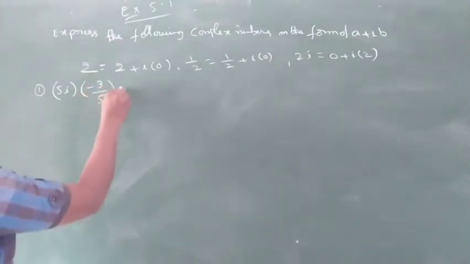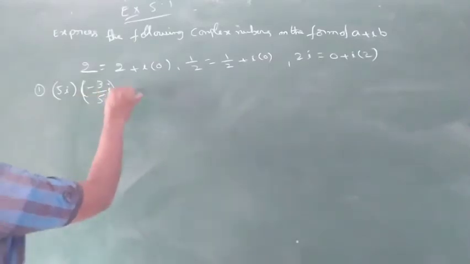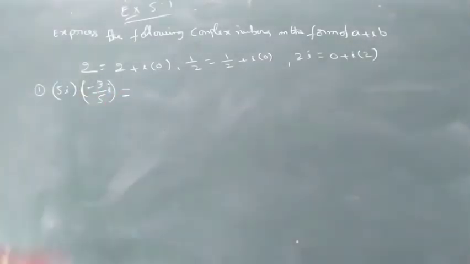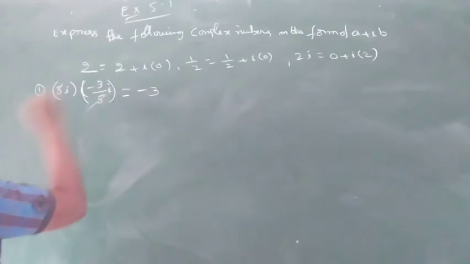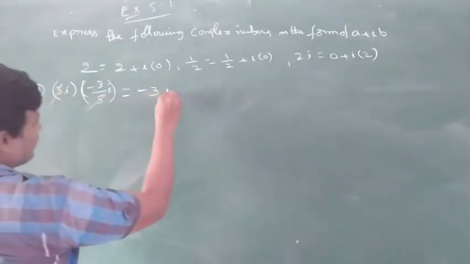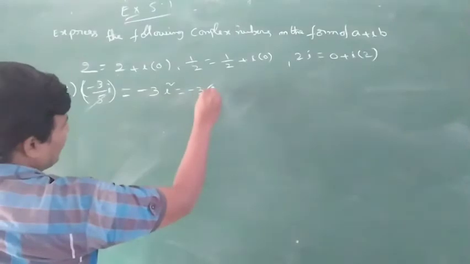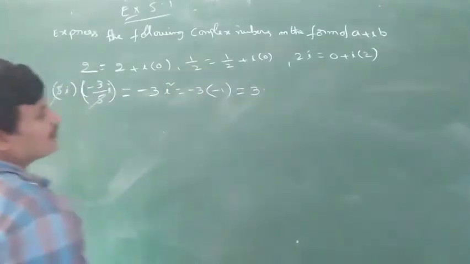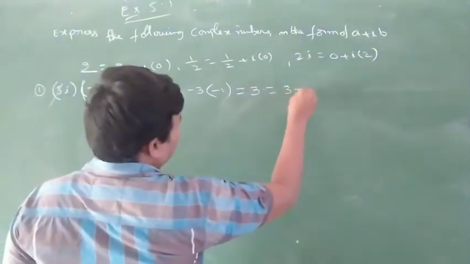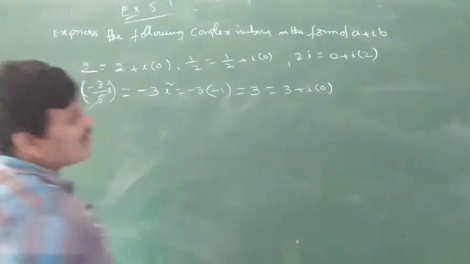The 5 in the numerator and the 5 in the denominator cancel. So minus 3, the only constant, minus 3, into i into i, which is i square. So minus 3 into i square, and the value of i square is minus 1. Minus 3 into minus 1 is equal to 3. So 3 is converted into a plus ib form: 3 plus i into 0.